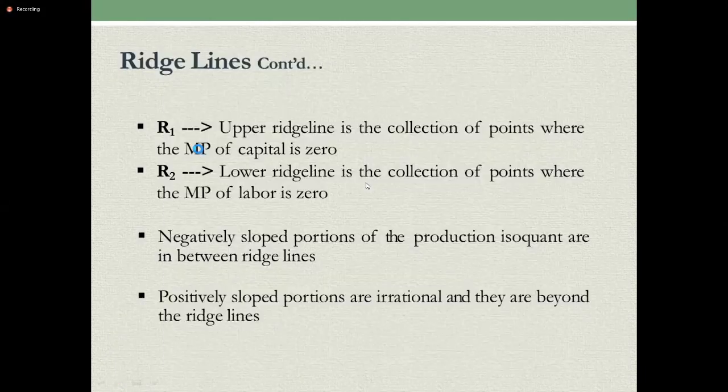R2 is the upper rigid line, the collection of points where the marginal product of capital is 0, as I explained. R2, lower rigid line, is the collection of points where the MP of labor is 0, right? That means the marginal product of labor is 0 on the second rigid line.